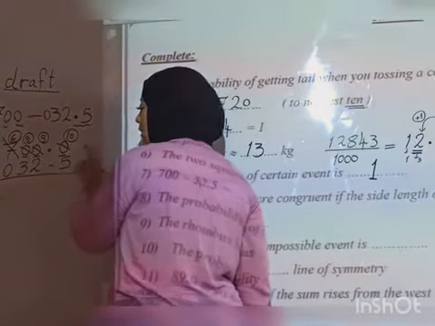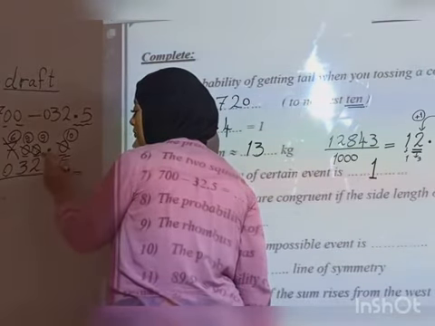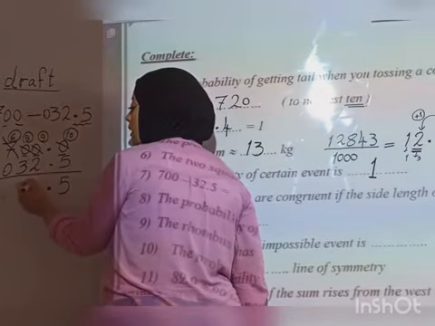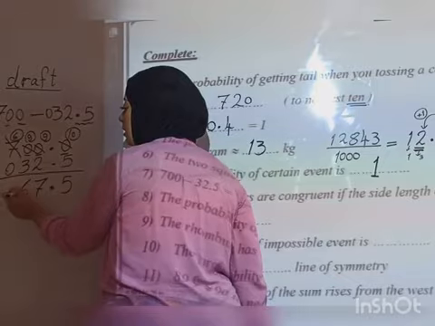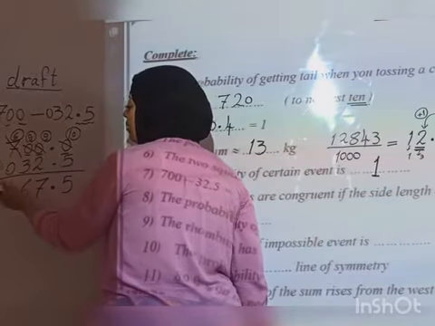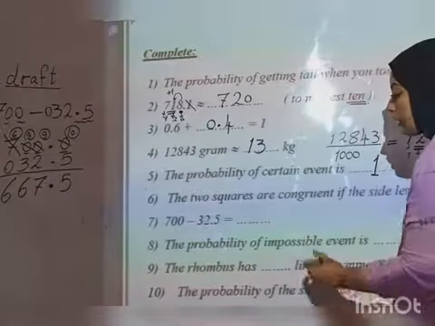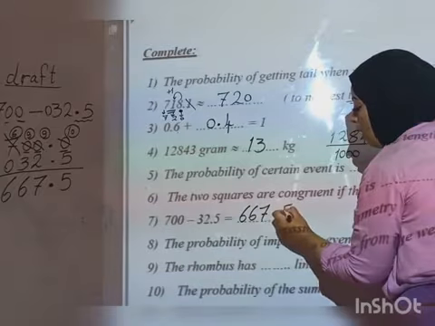Now 10 minus 5 equals 5. We bring down the decimal point. 9 minus 2 equals 7. 9 minus 3 equals 6. 6 minus 0 equals 6. So the answer will be 667.5.